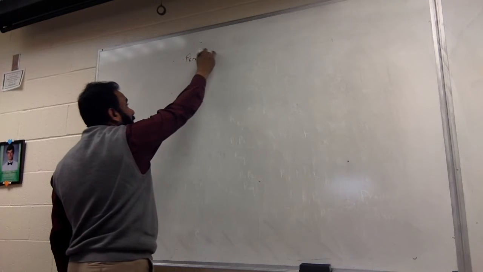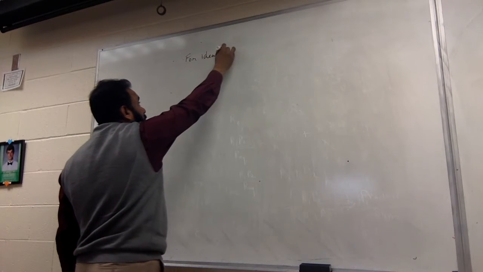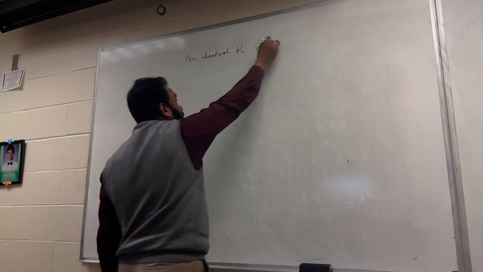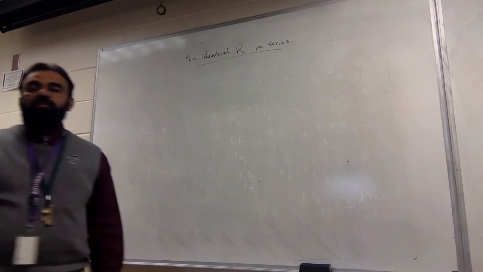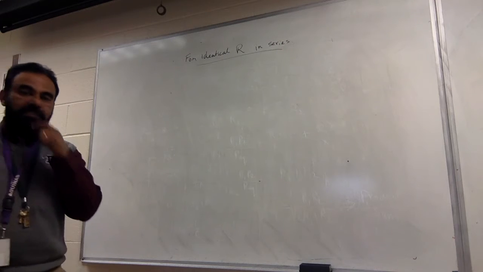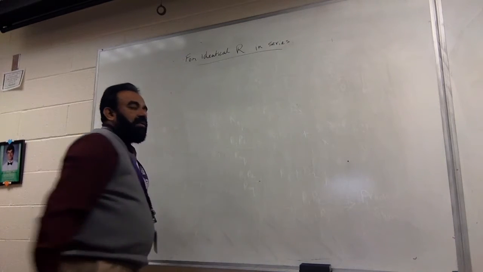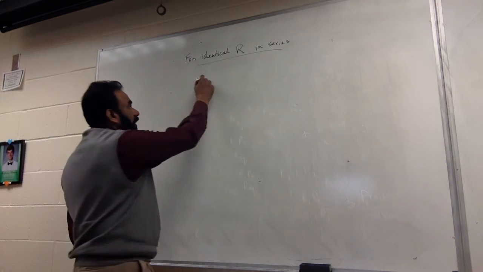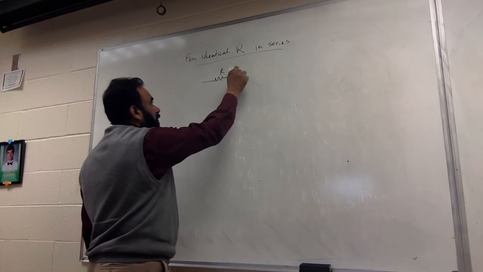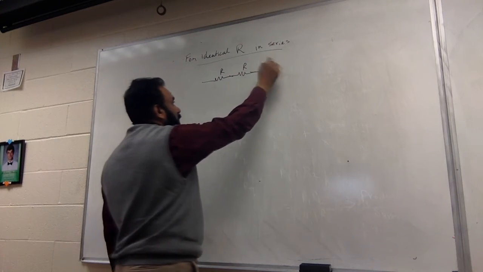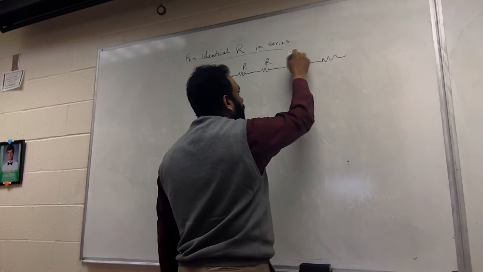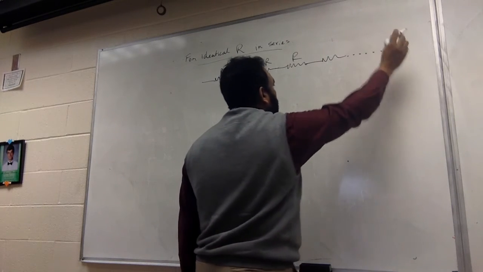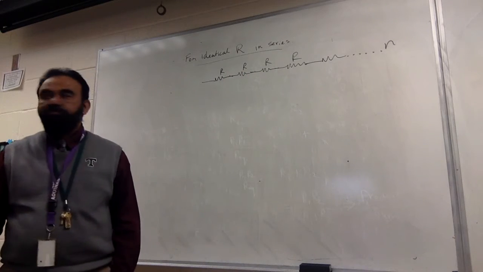For identical resistors in series. What do you mean by that? You have R, R, R, R, N of them.